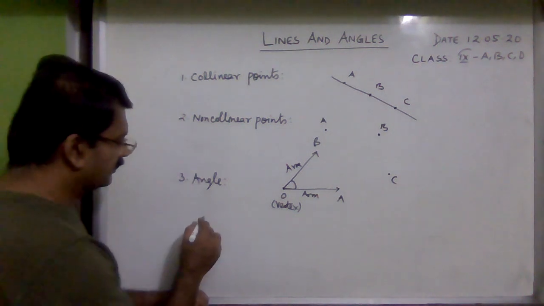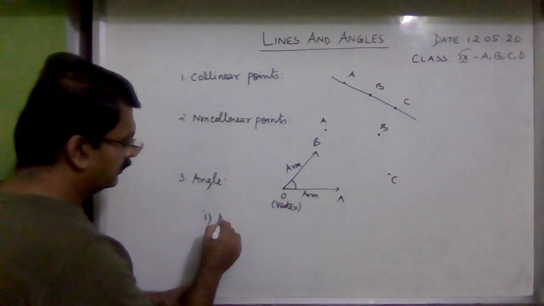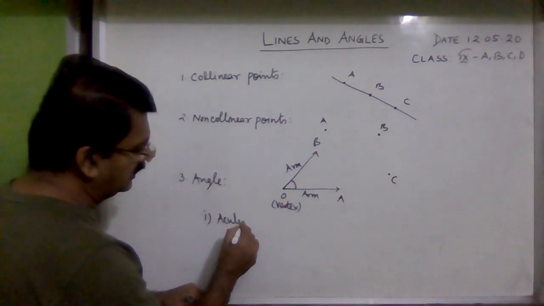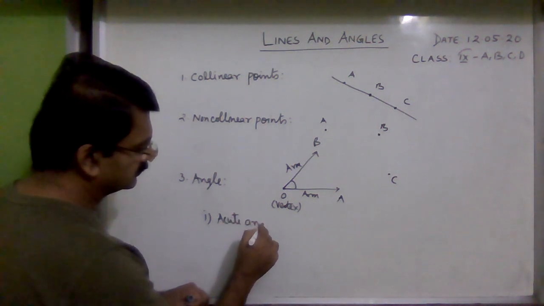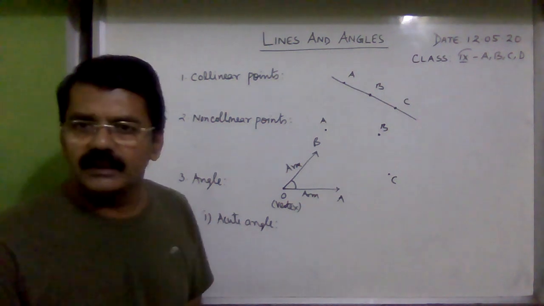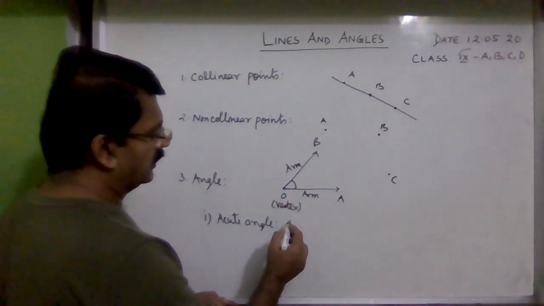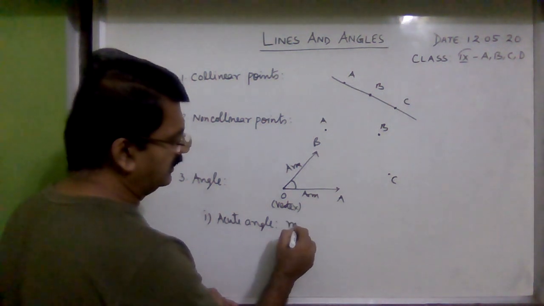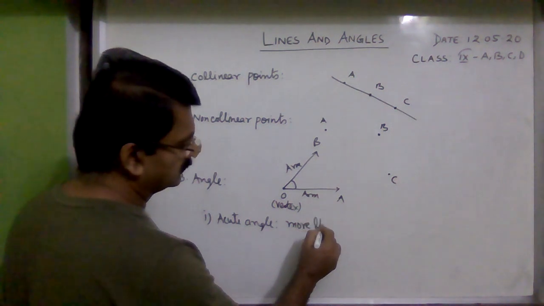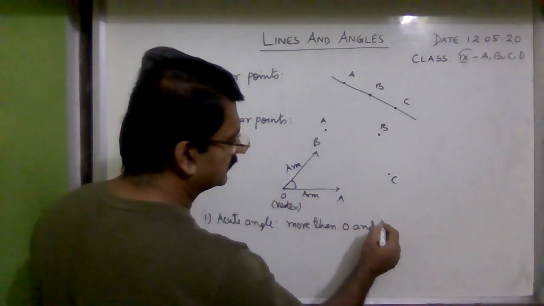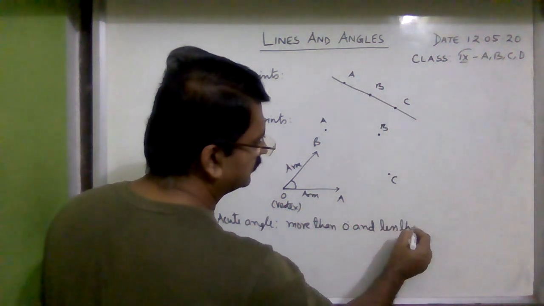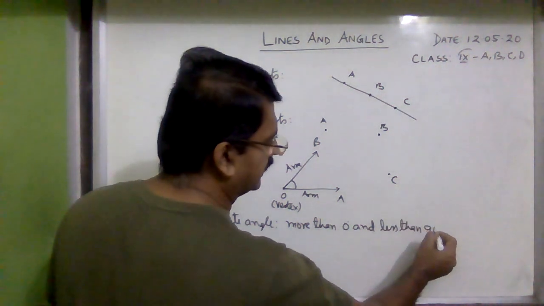The first one is acute angle. Acute angle is more than 0 degree and less than 90 degree.